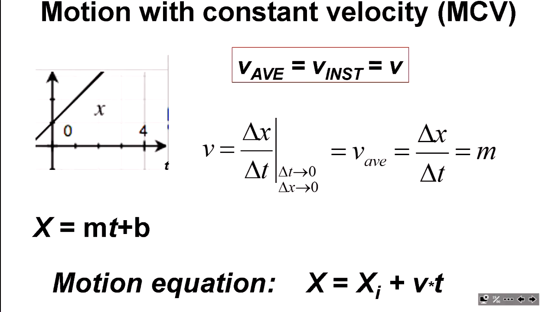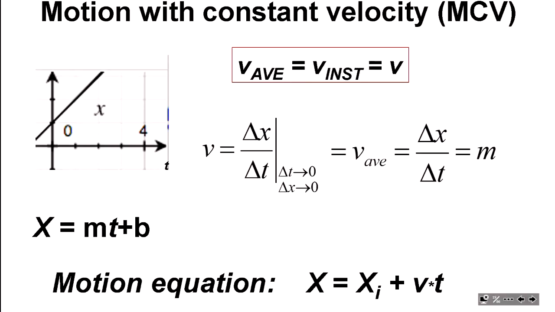They're the same, so just velocity. And this is how we write this equation in physics. We start from initial location, and then the term which describes how position changes.